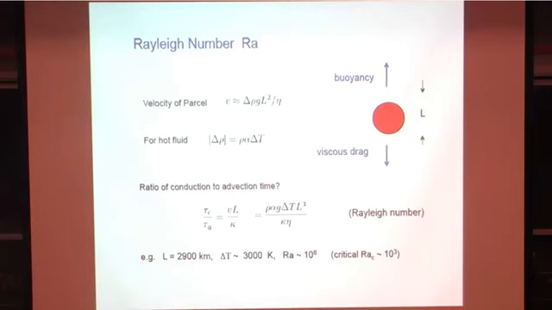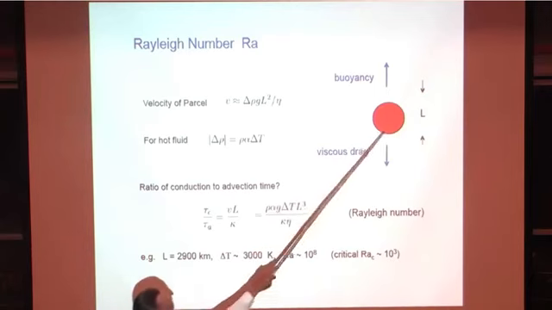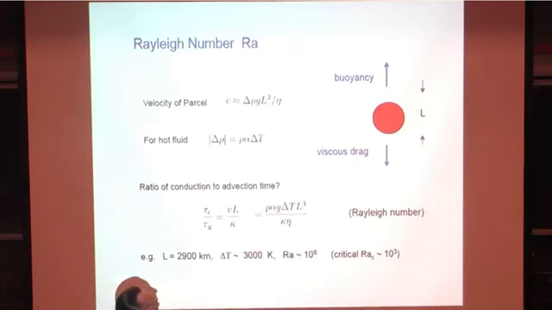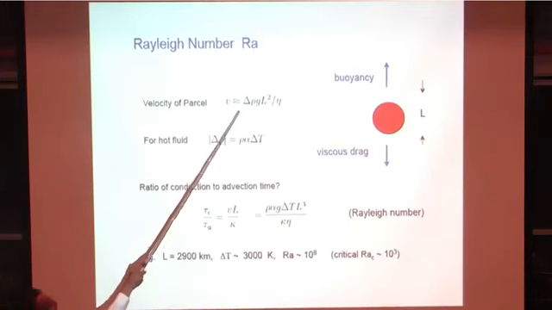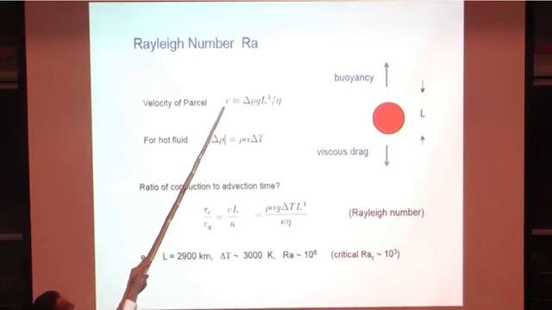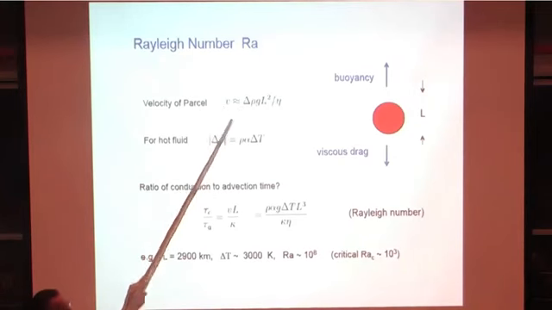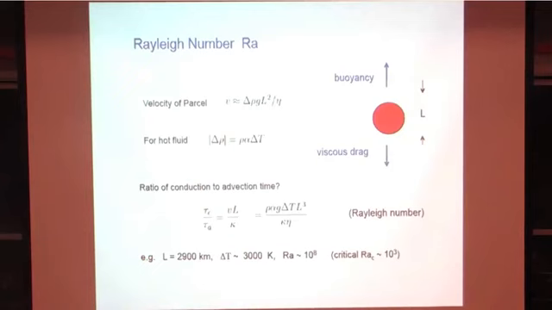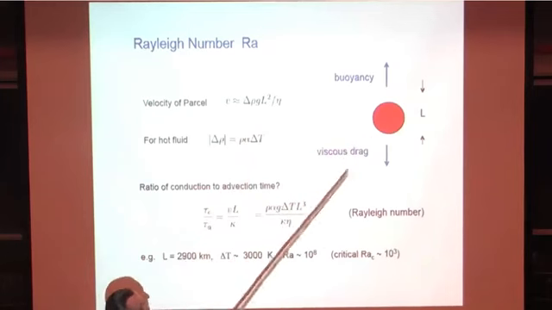Okay, so we have a region with dimension L. It's hot. It's got a temperature anomaly, delta T, that gives rise to a density anomaly, delta rho. And we can estimate how fast that blob is going to rise by comparing the order of magnitude of terms in the momentum equation. And it looks like density difference times gravity times its dimension squared divided by the resistance, which is coming from viscosity.